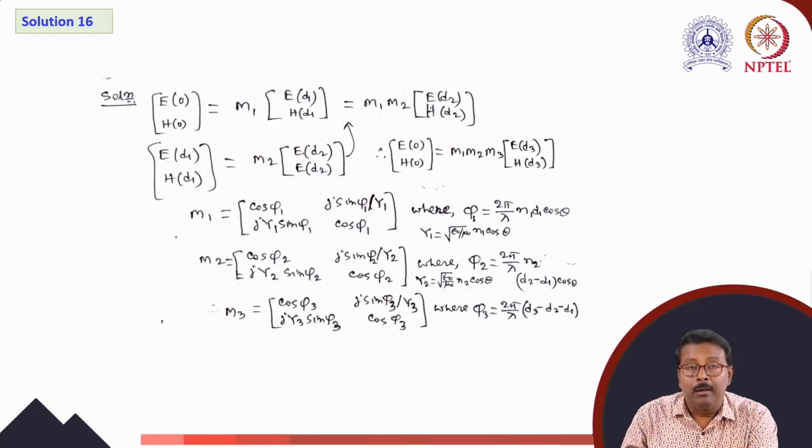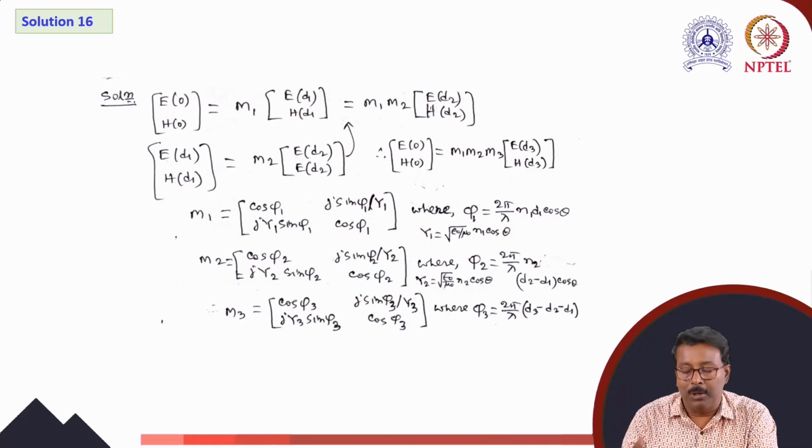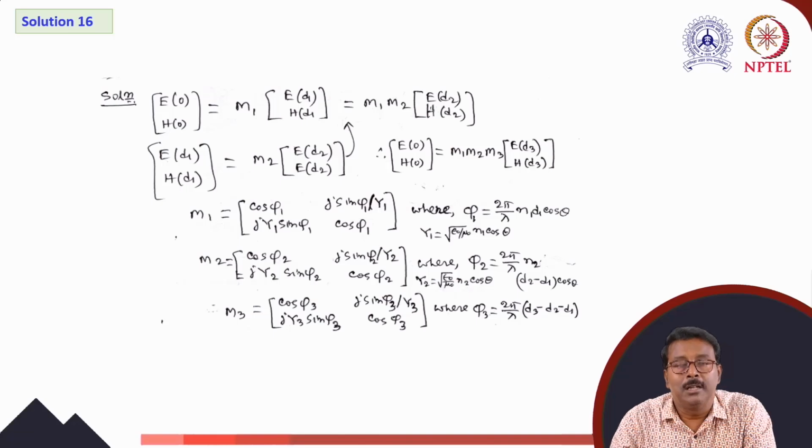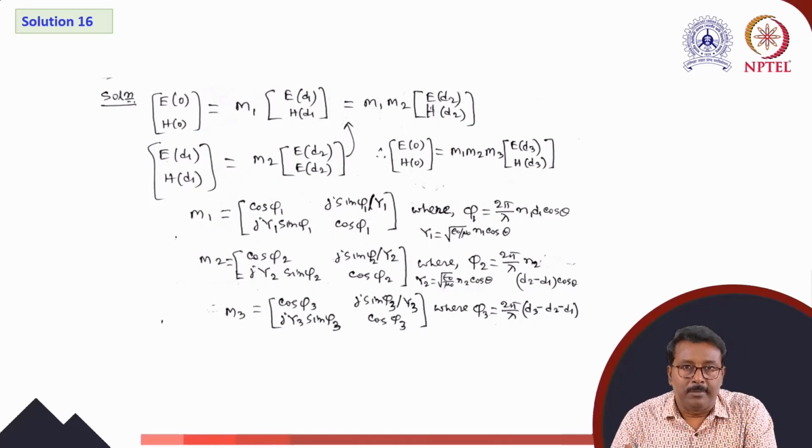Actually, the main thing is you have to consider a layer surrounded by a top layer and a bottom layer. So whenever we are considering the first layer, it is surrounded on one side by air and on the other side by the N2 layer.